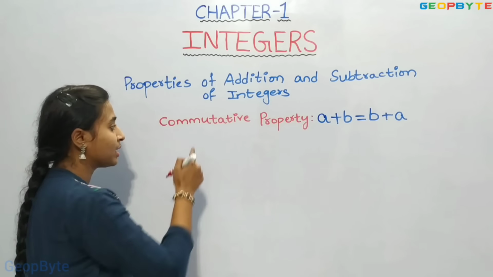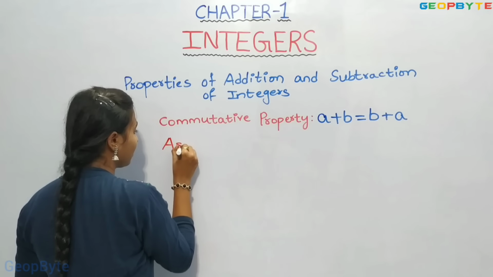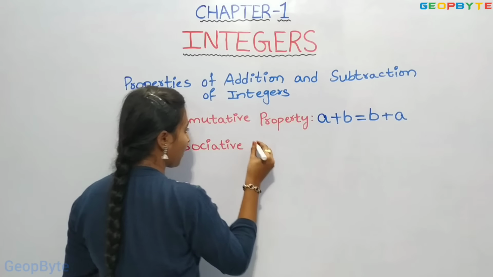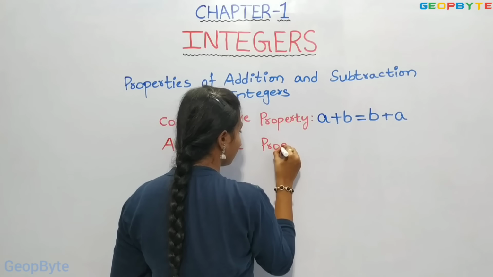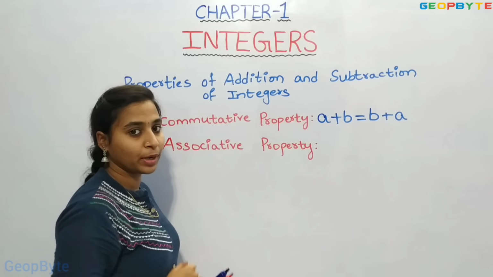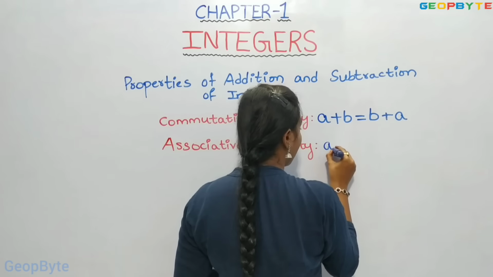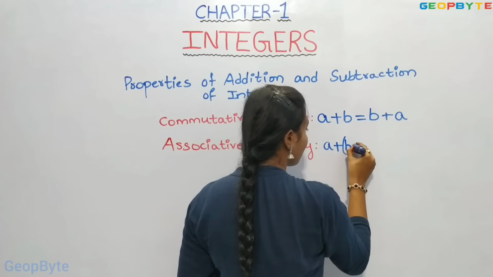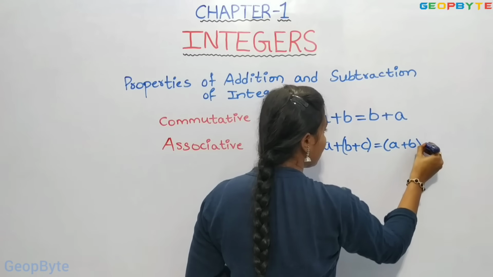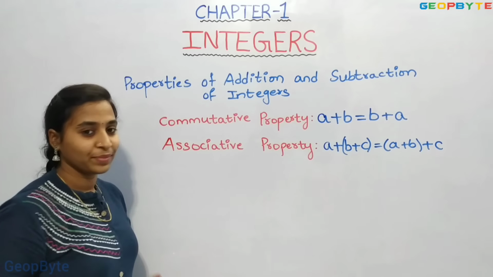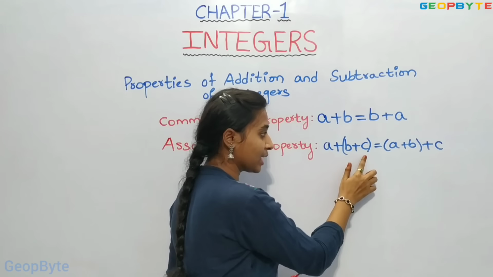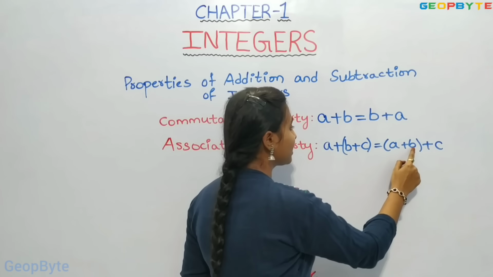Now, let us see the associative property. Yes, in this property, we have A plus B plus C is equal to A plus B plus C, with the brackets grouped differently.